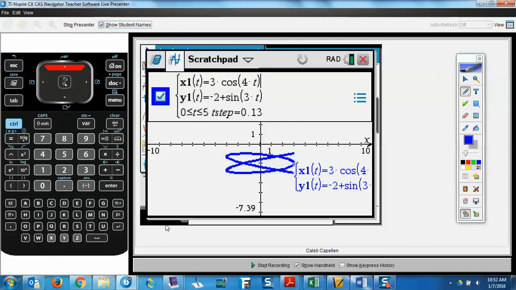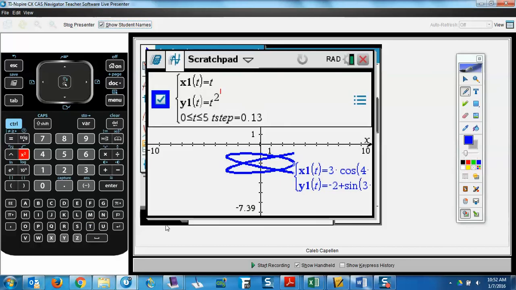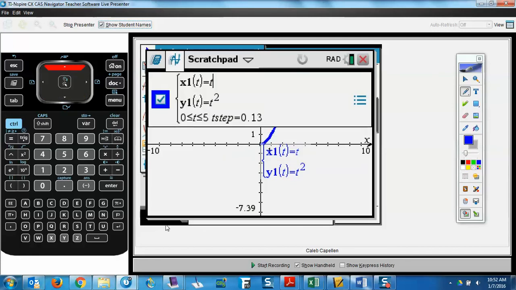Let's delete that and put just a t there, and then put t squared in the y. Let's change our t to negative 5 to 5.